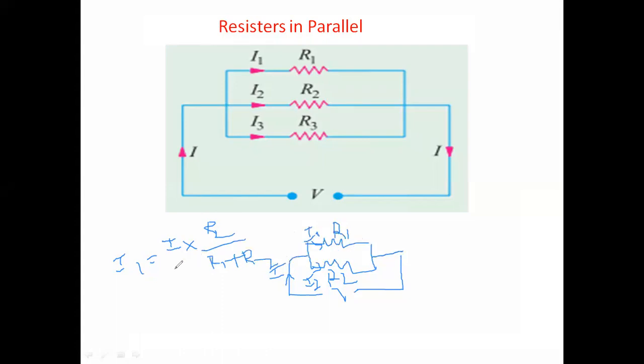Here I1 is equal to total current I into R2 by R1 plus R2.